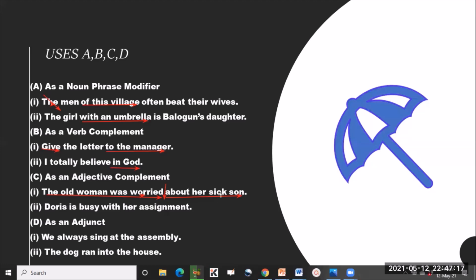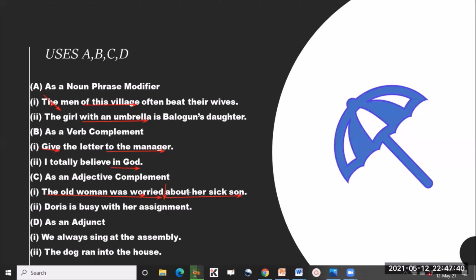And so about her sick son is an adjective complement. And by the way, about her sick son is a prepositional phrase. All right? And here it is functioning as an adverbial phrase because it completes the meaning of an adjective.